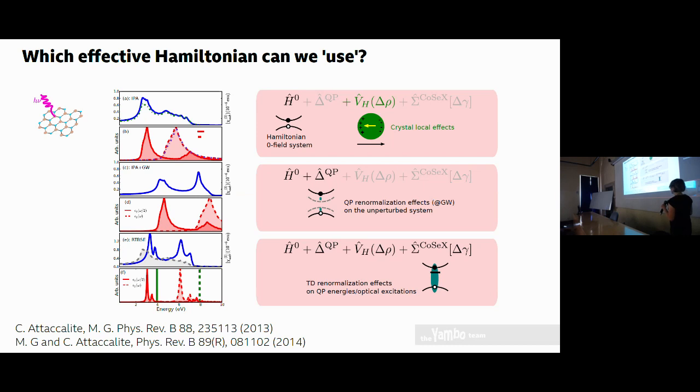We can plug in the Kohn-Sham results, and then we are at the independent particle level. Here I have the second harmonic generation calculated at that level, and here is the linear response calculated at that level. We can add the change of the Hartree potential, the mean field potential, when I change the, sorry, this is now not the density matrix, but the density. And so I am introducing crystal local field effects.